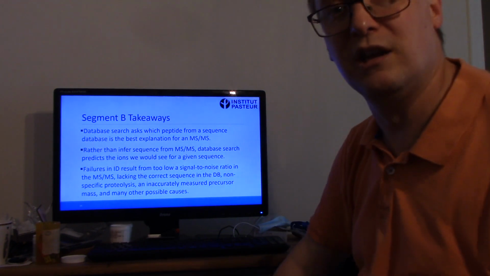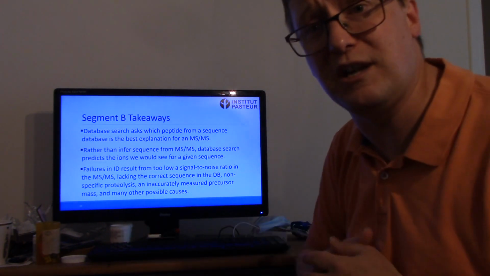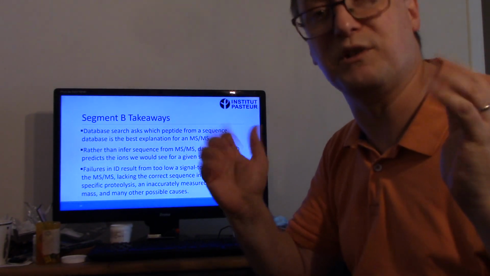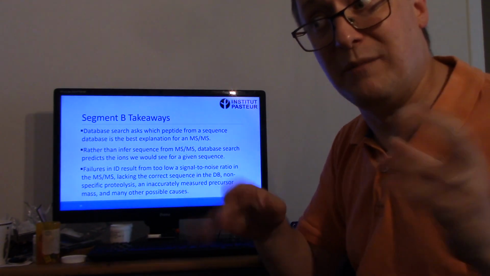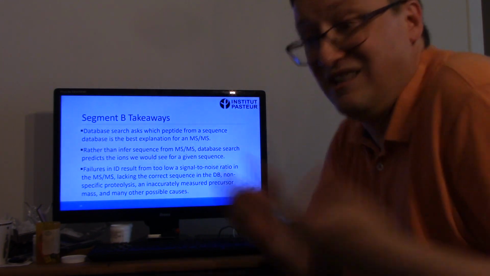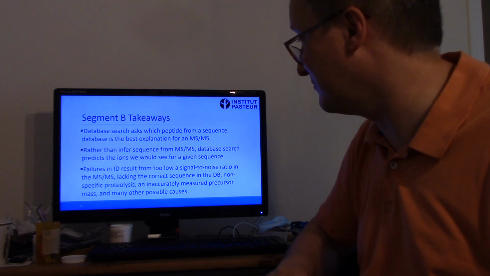It might be that the sequence that represents this tandem mass spectrum is simply not in the sequence database. If you're searching a human sequence database and you didn't add bovine or porcine trypsin, peptides from bovine or porcine trypsin would not be identified because they're different sequences from anything in the human sequence database.